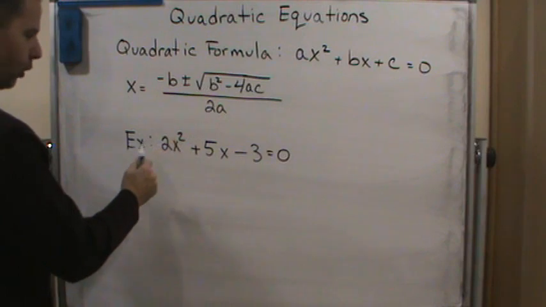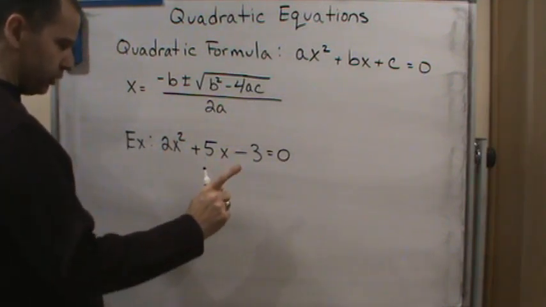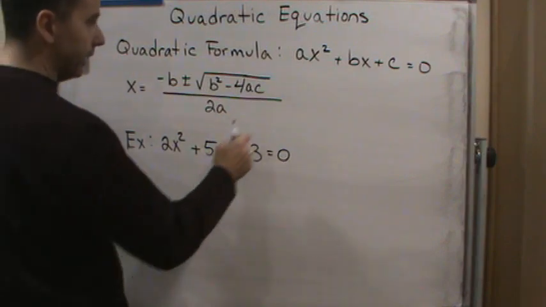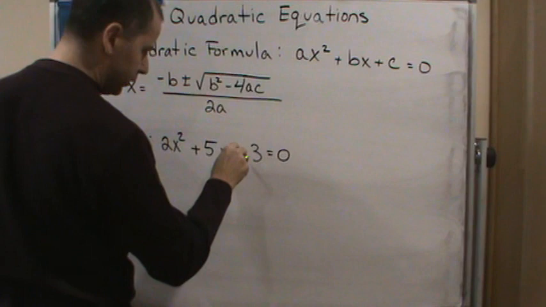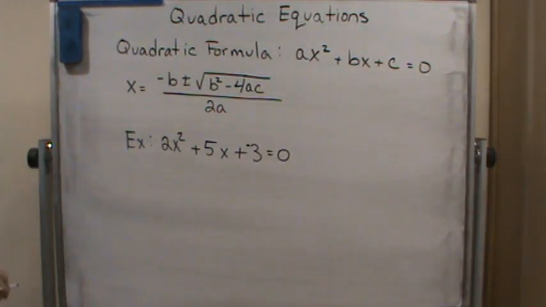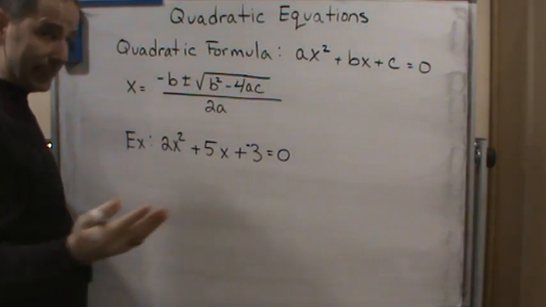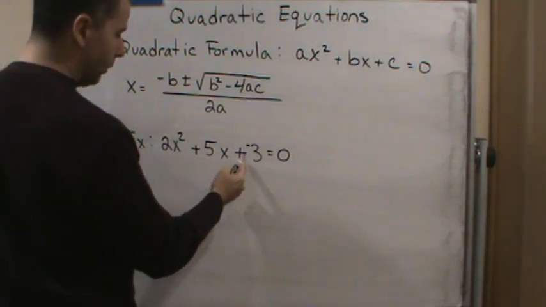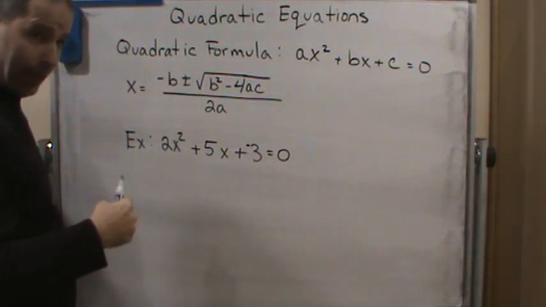Okay? So if we have a quadratic equation, now this one's already in standard form, almost, right? So again, look at all the pluses. So if I want this in standard form, I'm going to change this to a plus negative. Now, if you're prone to making sign errors, I would recommend doing this so that way you don't get the wrong value for a, b, and c.